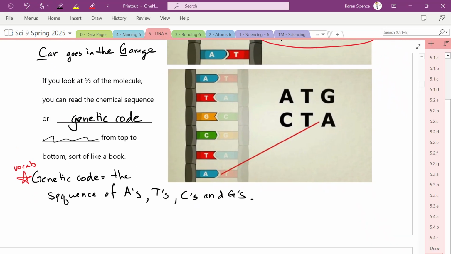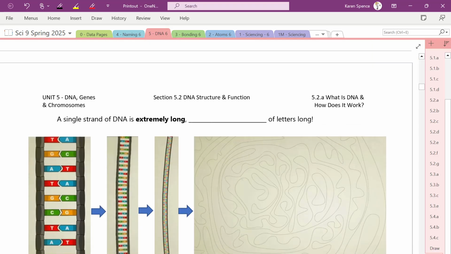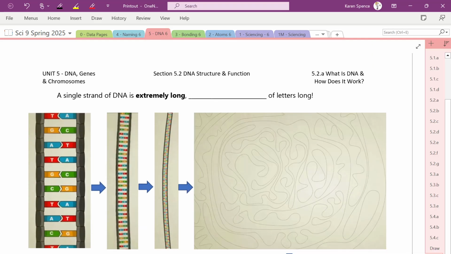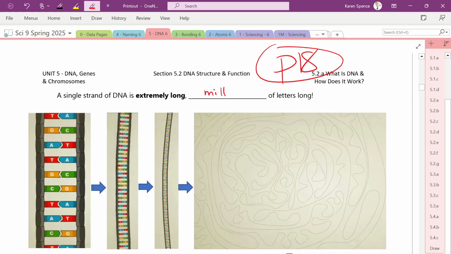Okay, we are now going to page 18. A single strand of DNA is very long, millions of letters long.